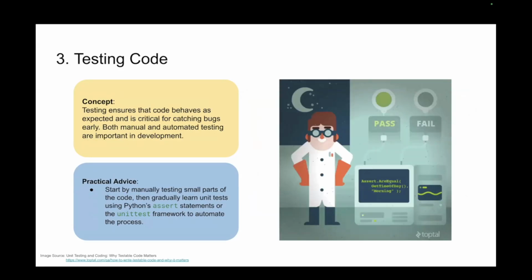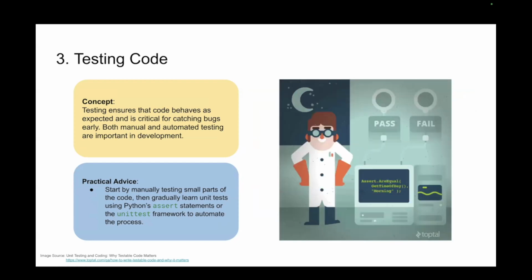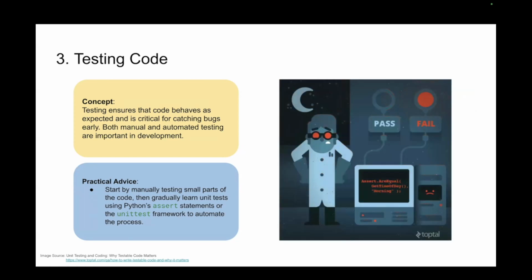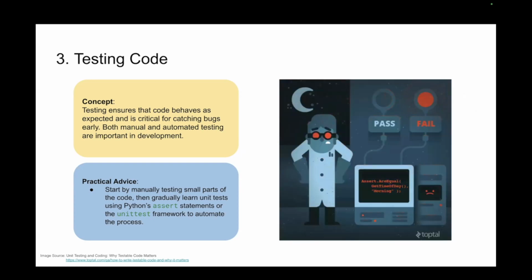And third, you need to test your code. You need to learn how to test the code. When you write just a few lines, it is obvious. But when you write more, sometimes you're confused about which part does what. So you need to learn those.